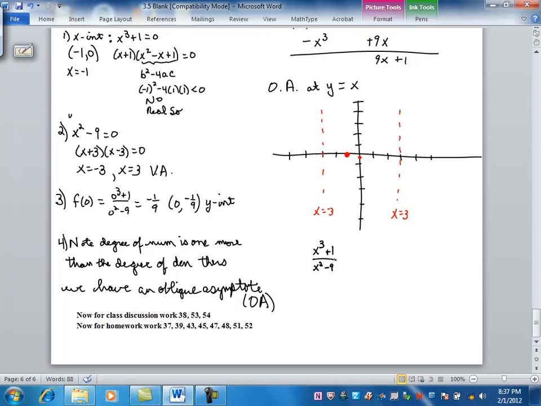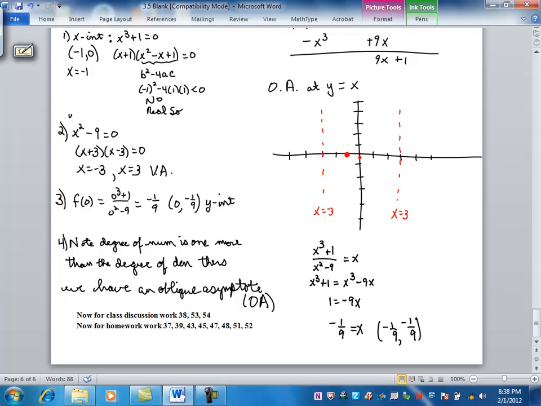We're going to set that equal to x, and we're going to solve this equation. So x cubed plus 1 equals x cubed minus 9x. 1 equals -9x. x equals -1/9. So if x is -1/9, we know then that y will be -1/9 as well.